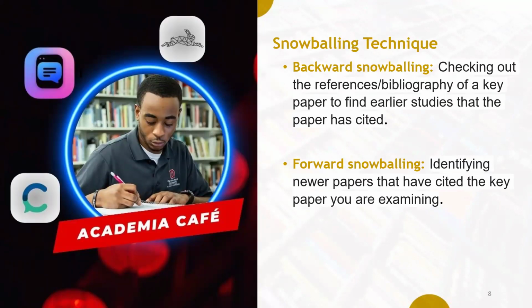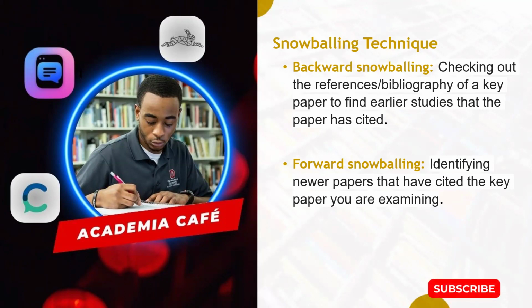Use snowballing techniques by checking the references of key papers, that is backward snowballing, and seeing which papers have cited them, that is forward snowballing. This way you can quickly build a comprehensive understanding of your topic.